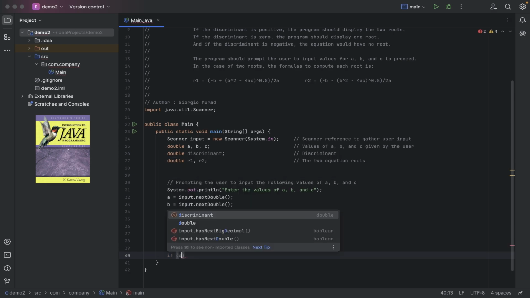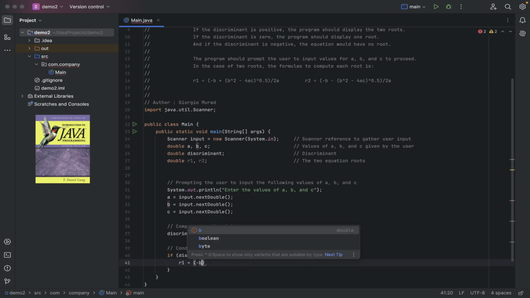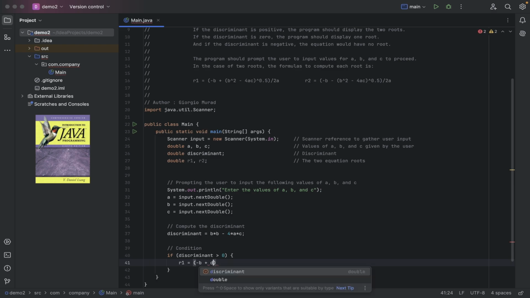So if discriminant is more than 0, then start with R1 equal minus B plus discriminant.